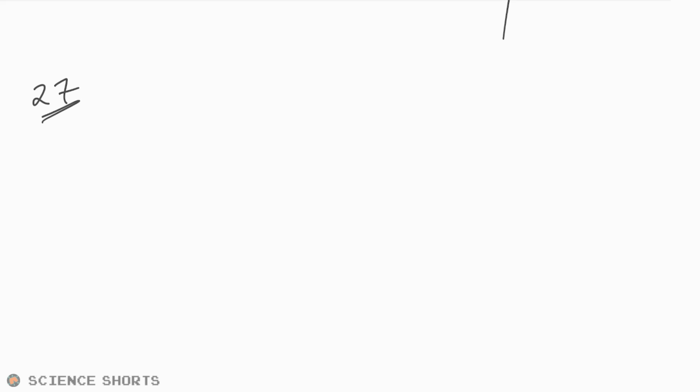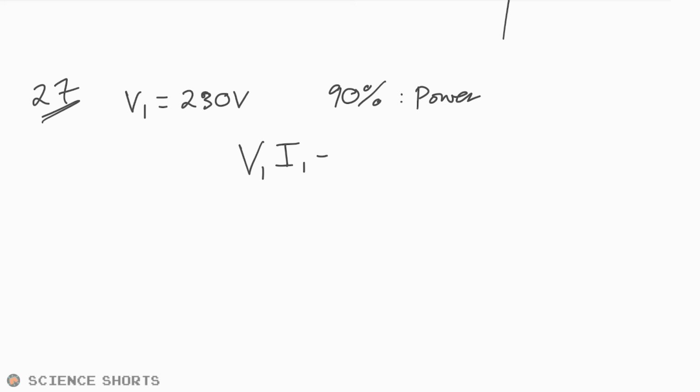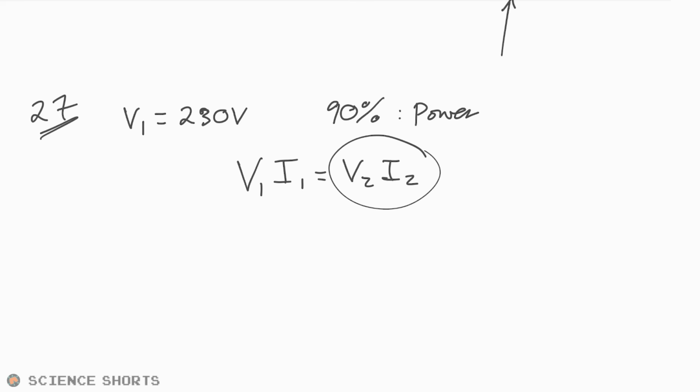Okay, transformer, 230 volts AC supply. So V1 is 230. 90% efficient. That efficiency always has to do with power. So we are talking here V1 I1 is equal to V2 I2. That would be true if it was 100% efficient, but the second coil only gets 90%, and so it's therefore 0.9 times V1 I1 on the left there. All we have to do is rearrange this.